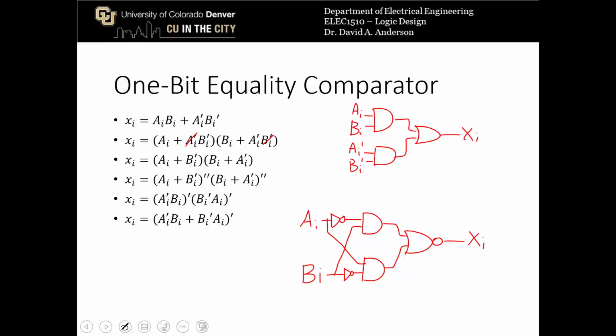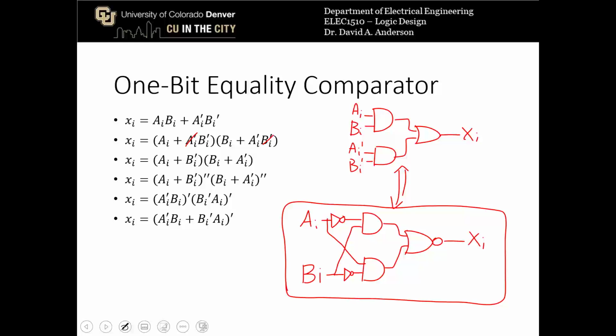And so that's another way of writing the equivalent circuit. So we're going to use this circuit in constructing the entire comparator circuit later on. This is just a little building block that we'll use later to build the entire 4-bit comparator with the 3 outputs.